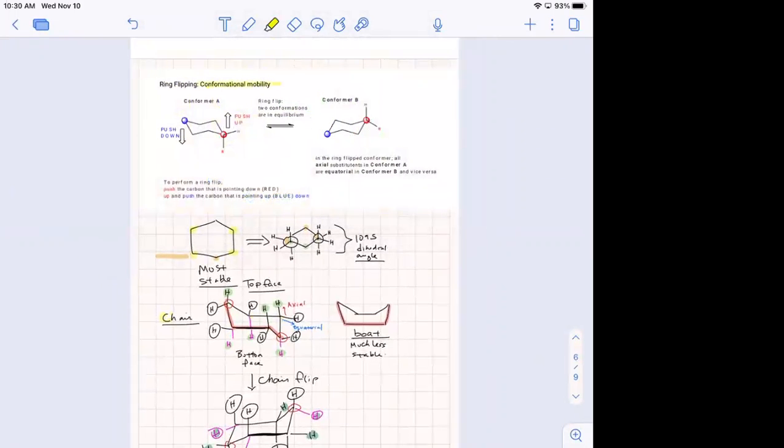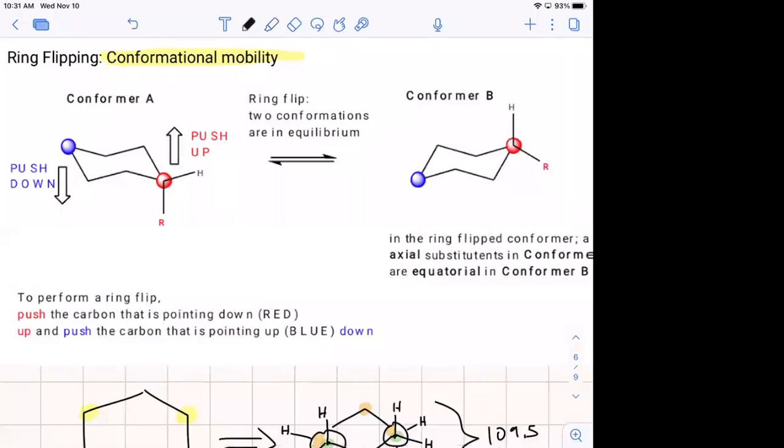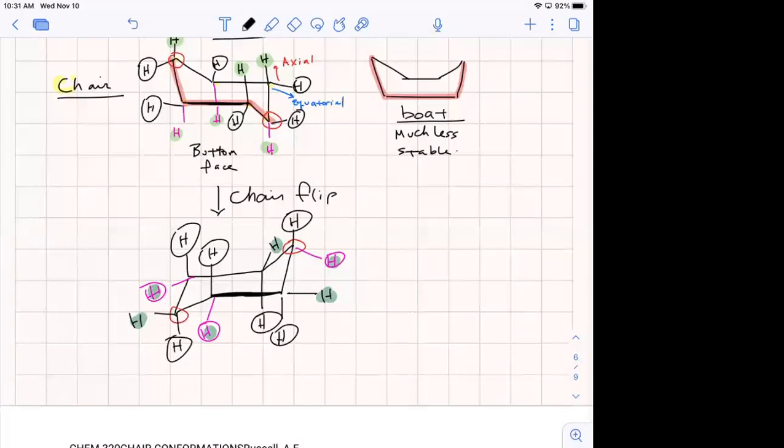This ring can adopt different conformations so that you're able to get out of a bad, high energy conformation. You can look up top, it's the same. We had an R group here that was axial, and then over here we did a ring flip to make that R group equatorial. This really doesn't matter until we start putting substituents on the ring.